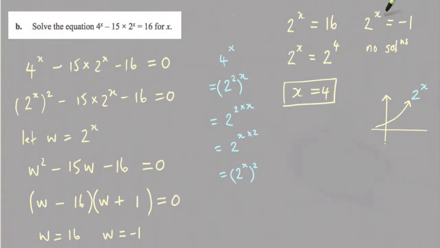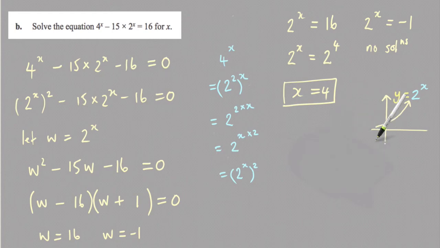Now, with 2 to the x equal to minus 1, there's no number that you can raise 2 to the power of that will give you minus 1 for an answer. And you can confirm this by looking at the graph of y equals 2 to the x, and this graph will approach the x-axis as x becomes more and more negative, but it will never cross it.